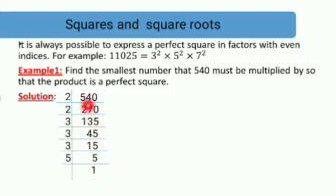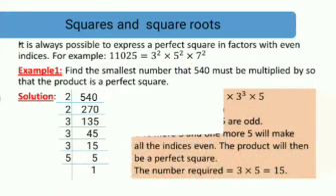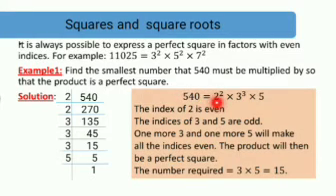Now you can see that you have 2 twice: 1, 2. Then you have 3 three times: 1, 2, 3. You know that 3 is odd, it's not an even number. Then 5, we have just 5 once. Now let's write the primes in this format. 540 is the same thing as 2 raised to the power of 2, that is 1, 2.